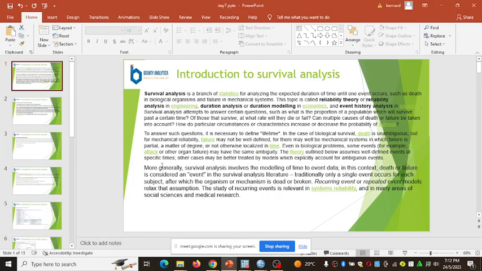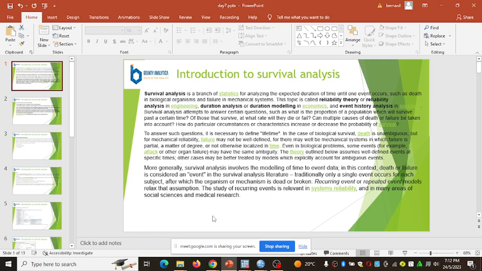With the document that I've shared with you some minutes ago, survival analysis is basically a branch of statistics for analyzing the expected duration of time until one event occurs.